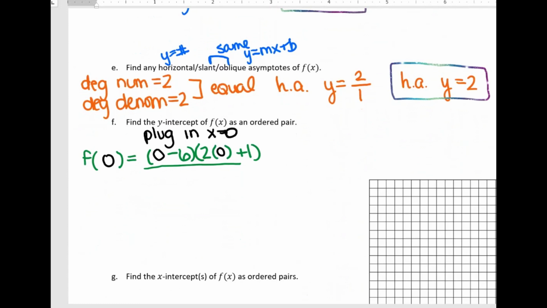And in the denominator, I had an x plus 8, so I'm going to have 0 plus 8. And I also had an x minus 7, which gives me 0 minus 7. Simplifying everything down, up top, I'm going to get negative 6 times 1.